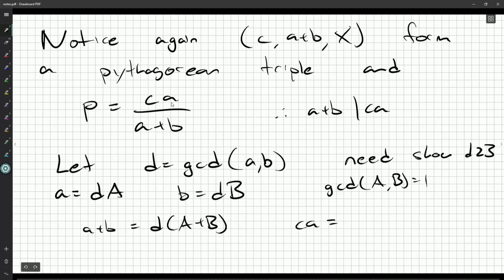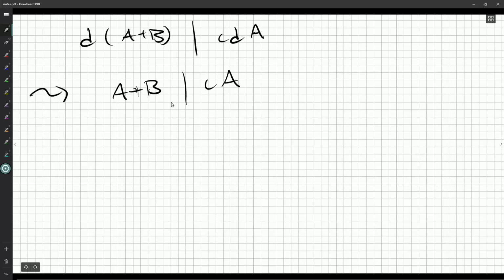Okay, but CA is going to be C times D capital A. Therefore, for A plus B to divide CA, we need D times capital A plus capital B to divide CDA, or rather A plus B to divide CA.